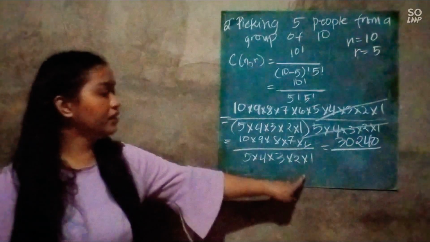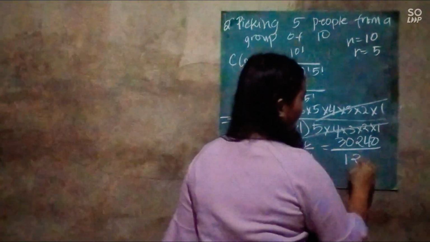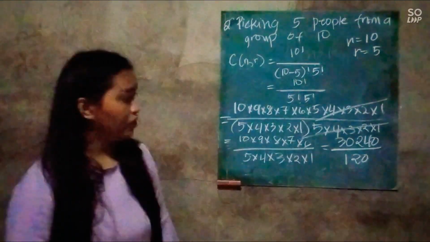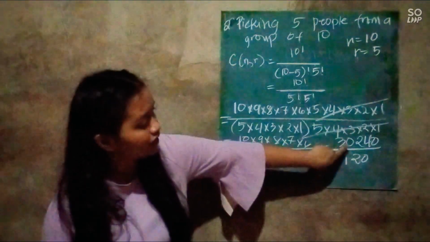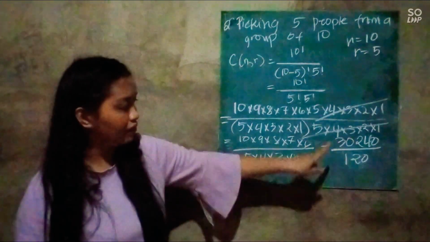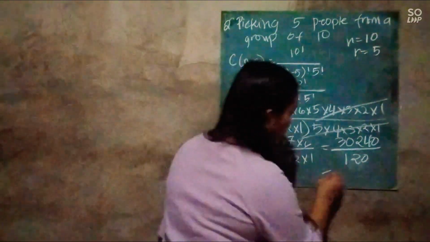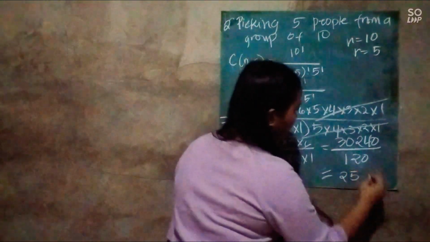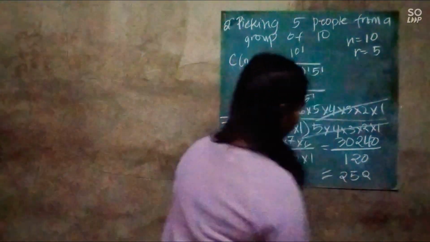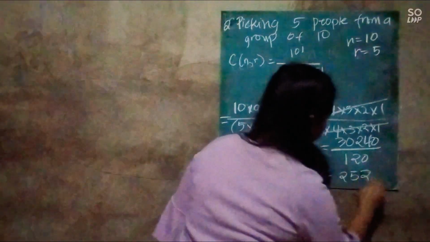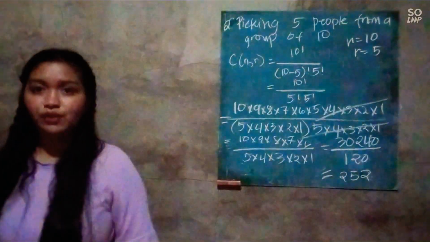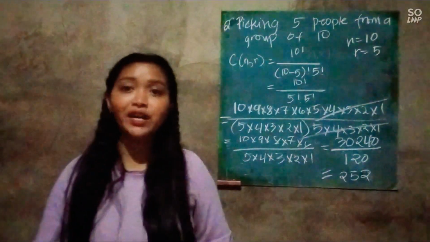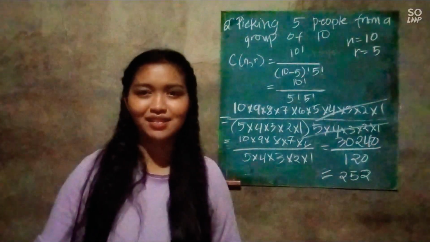And this one is equal to 120. So 30,240 divided by 120 is equal to 252. So therefore, there are 252 ways.